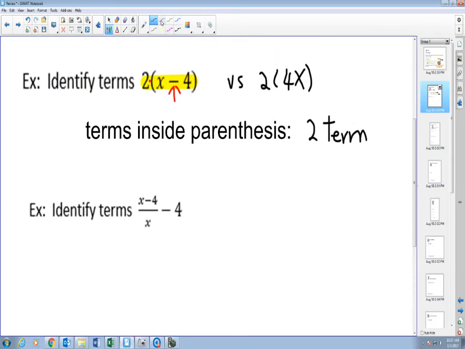The subtraction sign outside the parentheses here will make it 2 terms. My first term is x minus 4 over x. My second term is negative 4. Now if you look at my first term, my numerator has 2 terms.